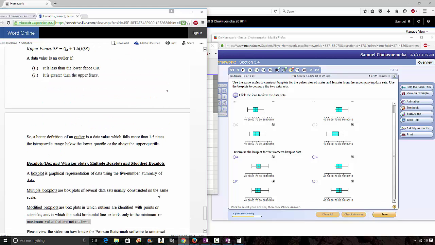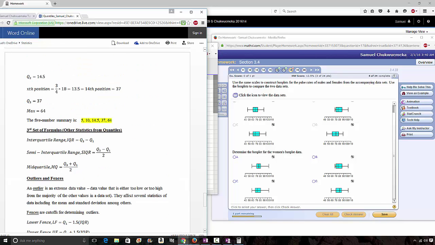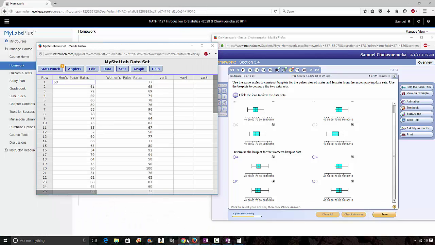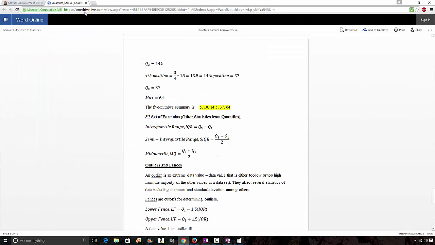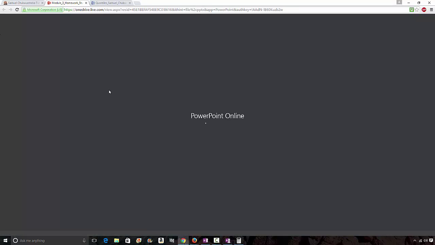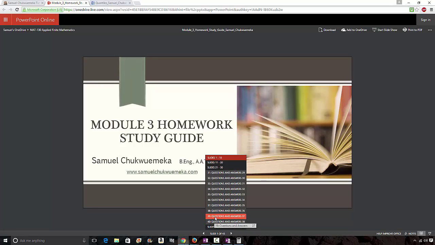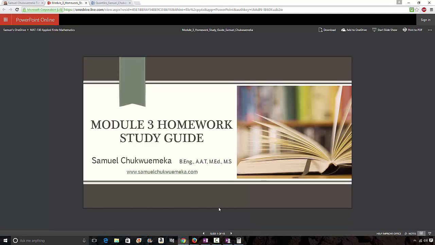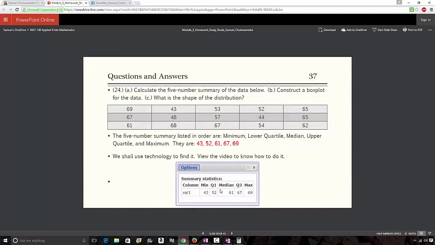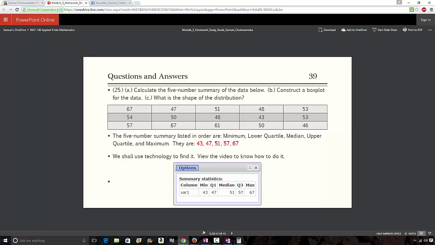I also have some notes here that will be useful. Module 3 homework study guide. There you go. If you want to know more about box plots and the 5-number summary and also interpretation, I did a video on this.